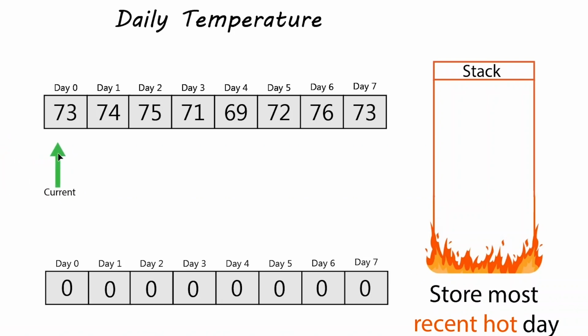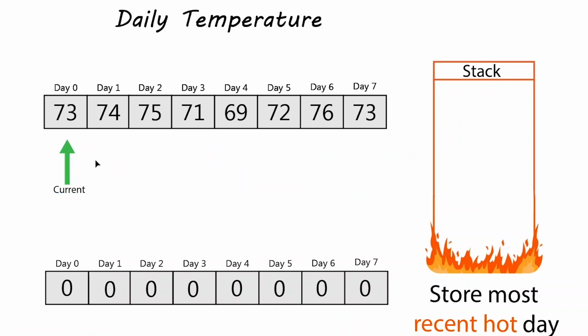So currently we are standing at day 0 and we want to know after how many days we have to wait to get higher temperature than this particular day's temperature. Currently this is impossible to tell because if you want to tell, then you have to visit that element at least one time, which we are already doing in our brute force solution.